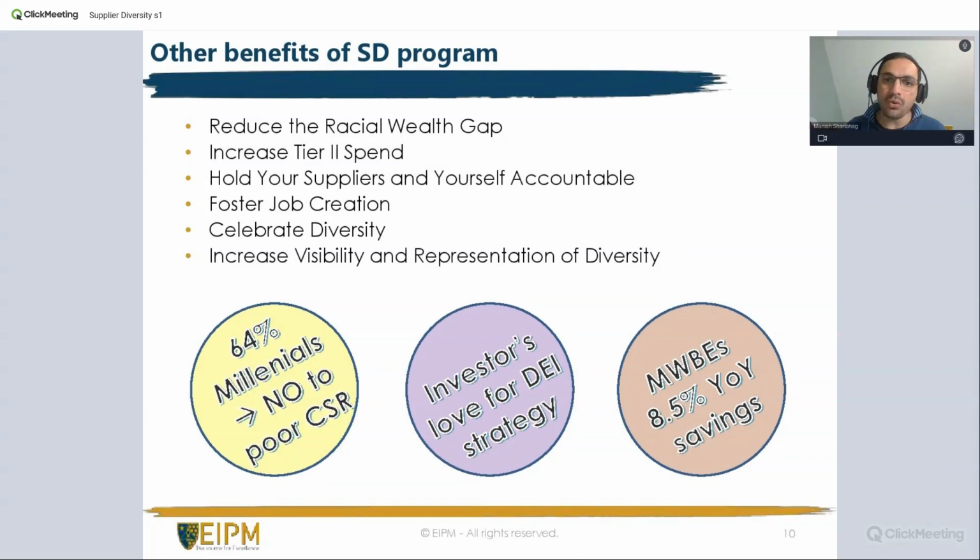So minority and women-owned business enterprises have given roughly 8.5% year-on-year savings for organizations when the average was close to 4.5%. So 4% more savings are being provided by these minority and women-based enterprises to these organizations. Again, there could be multiple reasons for it, but the fact is that it has provided higher savings.